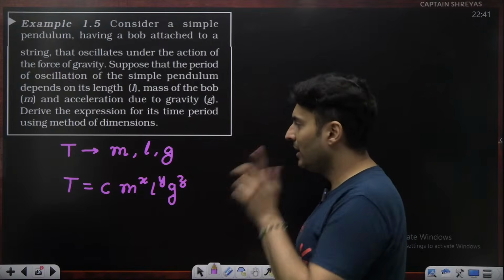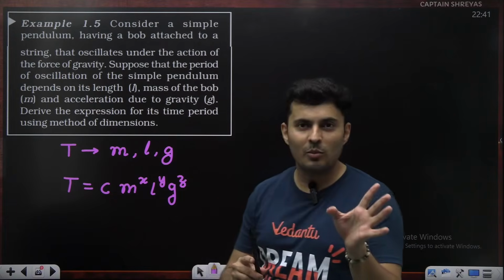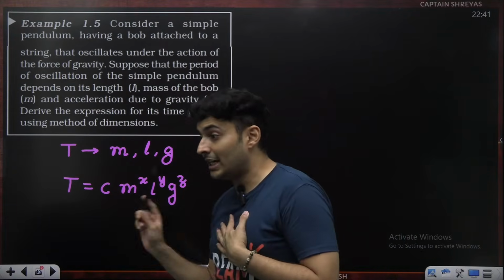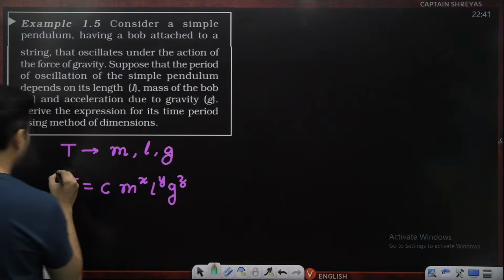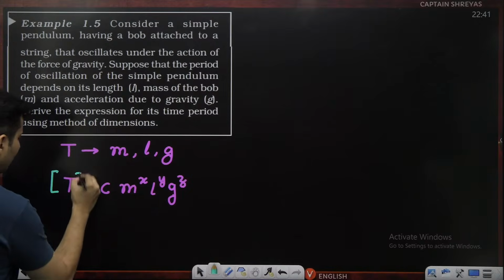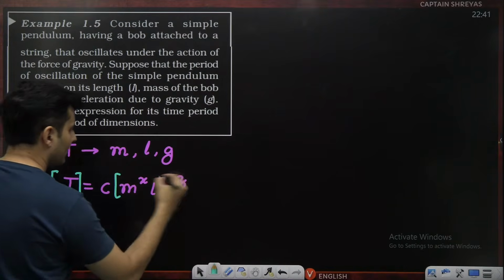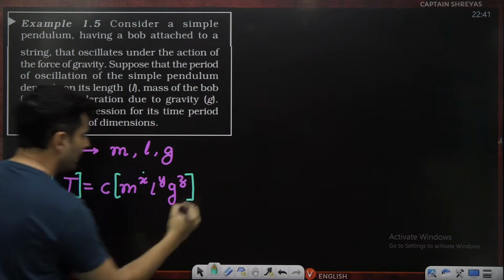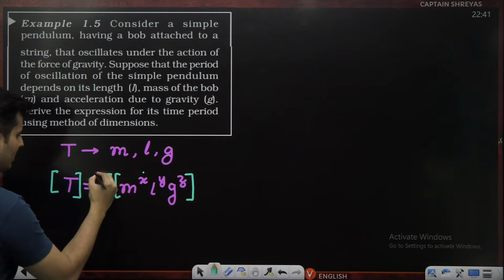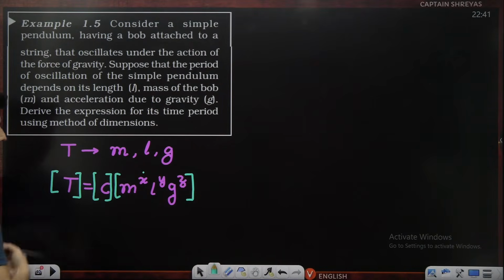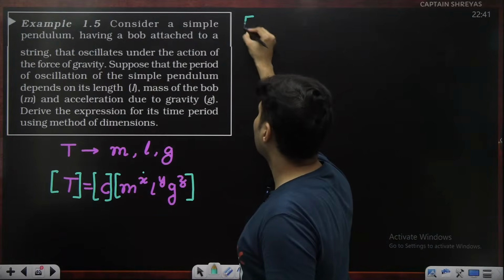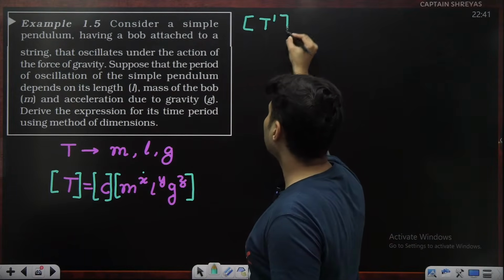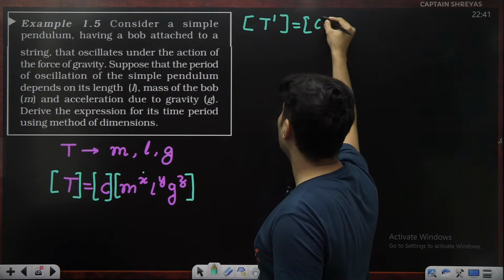Now, by the principle of homogeneity, left hand side and right hand side dimensions should match, right? If I take the dimensions of the left hand side versus this whole right hand side, it should match. Anyway, C is dimensionless. What is the dimension of time? Dimension of time is T raised to 1. C is a dimensionless number.